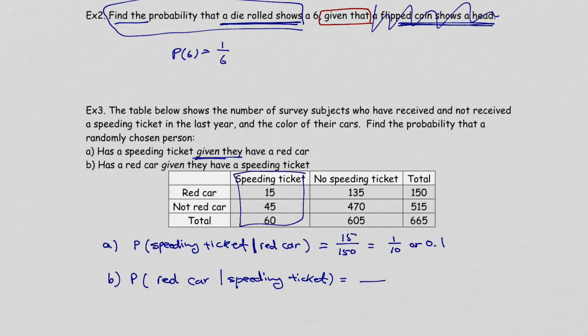So that's going to be 60 total. And then red cars out of this total, red car is just that, right? So it'll be 15 out of 60. When you reduce it, it will be 1 over 4 or 0.25, right? So that's how you're going to find your conditional probabilities.